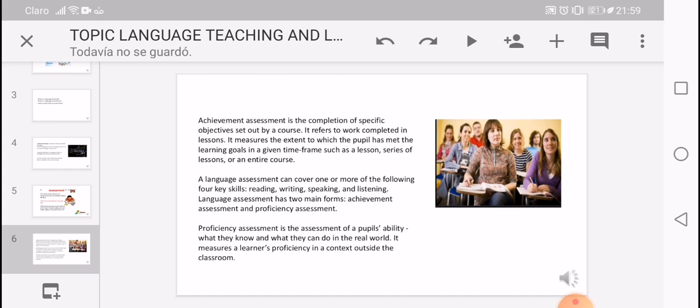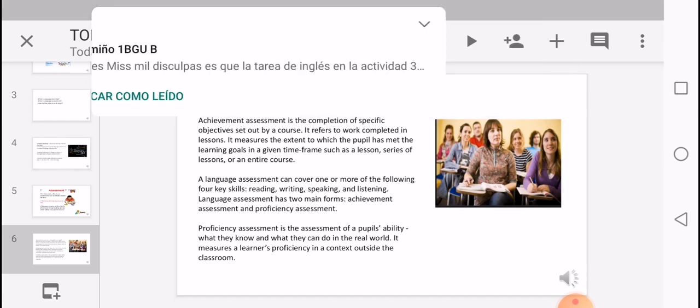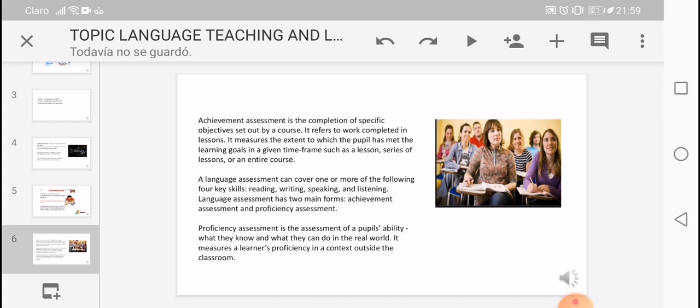Language assessment is a measure of the proficiency a language user has in any given language. It could be a first or second language. Tests are one form of language assessment, and there are many others. They fall into two categories: summative and formative.